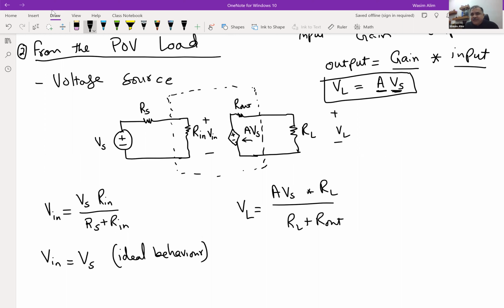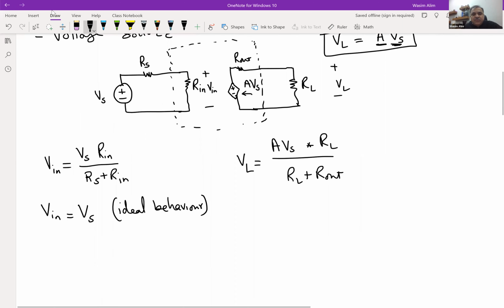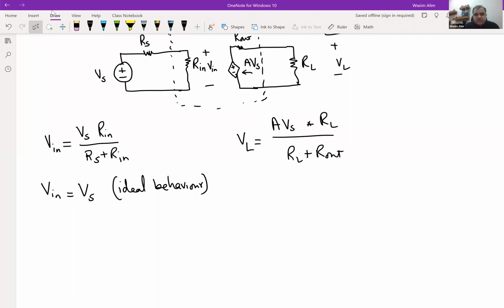And why I say it is ideally wanted, because we want the entire source voltage to be used as an input voltage so that we can observe the largest amount of gain. In order for that to be true, we have to consider this.